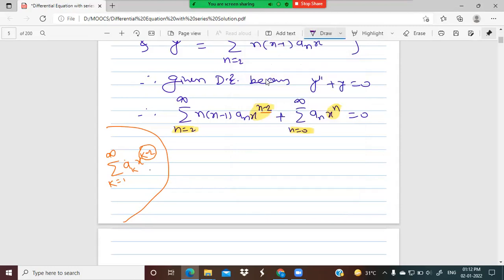If I replace this k by k plus 2 and then minus 2, then this total power becomes k only.